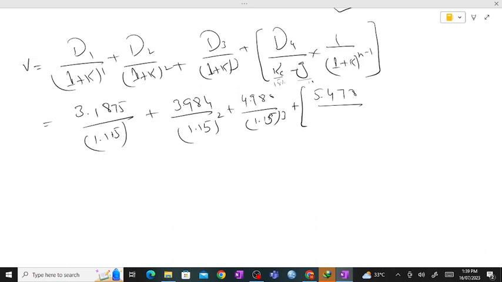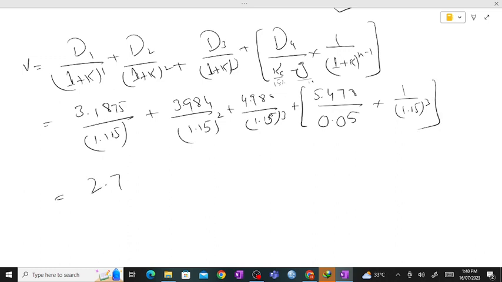When we deduct it, we have 0.05, and multiplied by 1.15 with the power of the number of years. We have 4 years, and when we deduct 1 from 4, that would be 3.